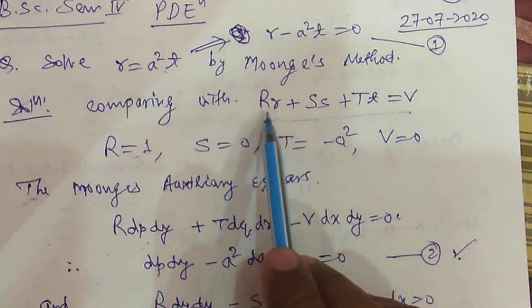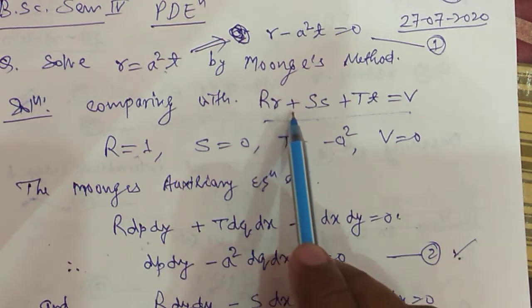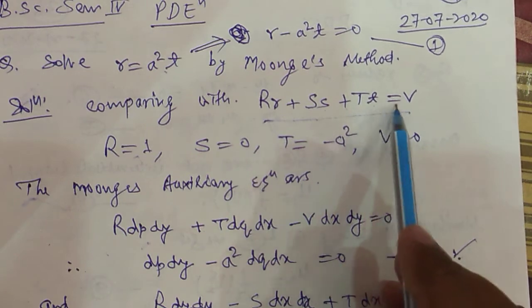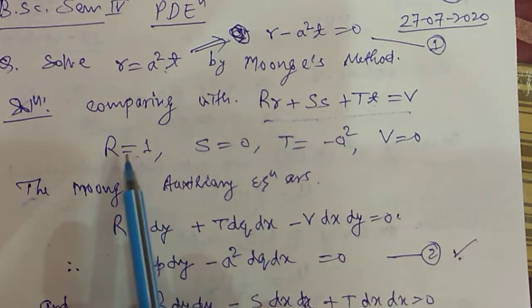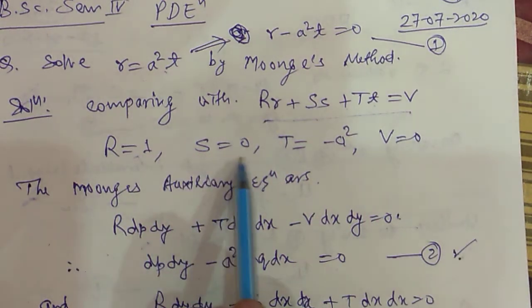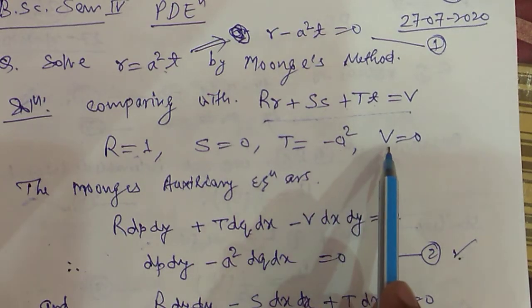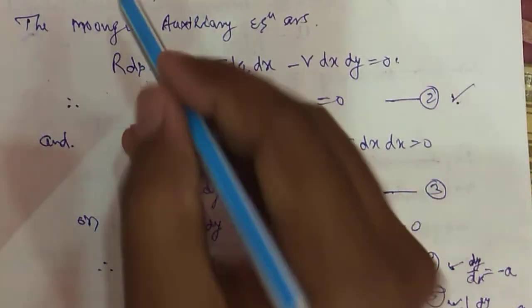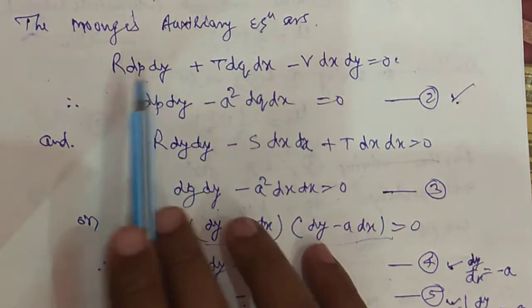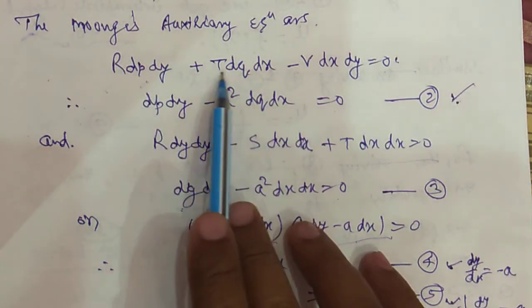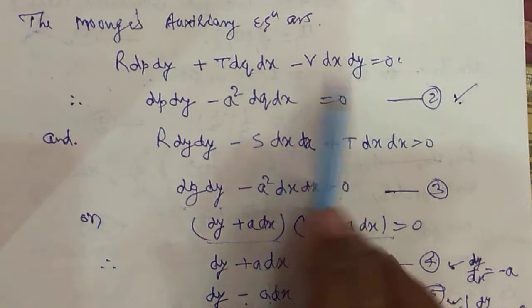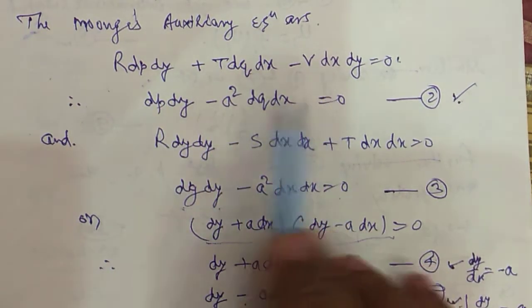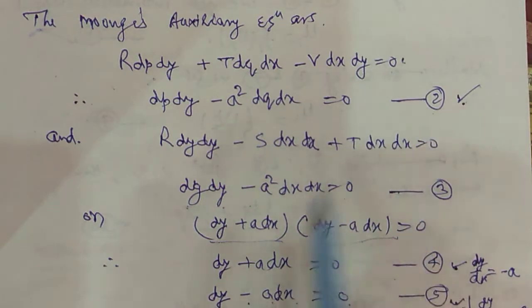Comparing with capital R into small r plus capital S into small s plus capital T into small t equal to V, we get R equal to 1, S equal to 0, T equal to minus a square, V equal to 0. So Monge's auxiliary equations are R dp dy plus T dq dx minus V dx dy. Putting R equal to 1, T equal to minus a square, V equal to 0, we get equation 2.